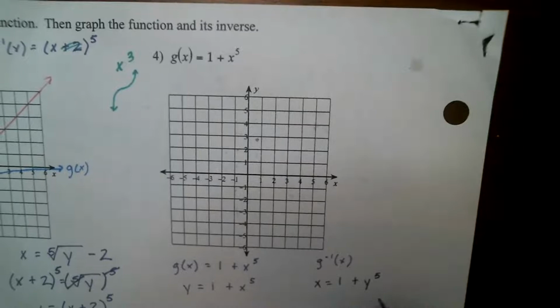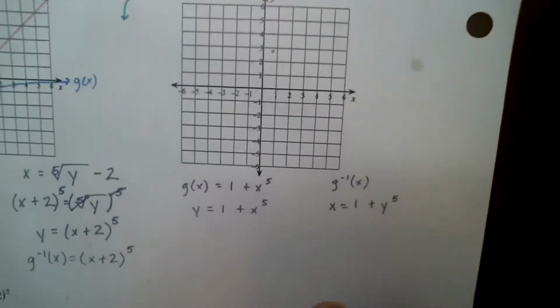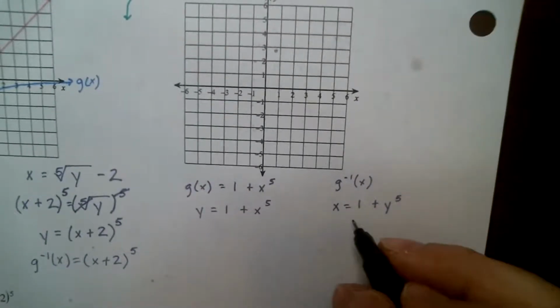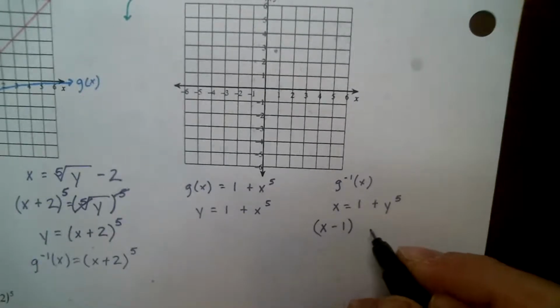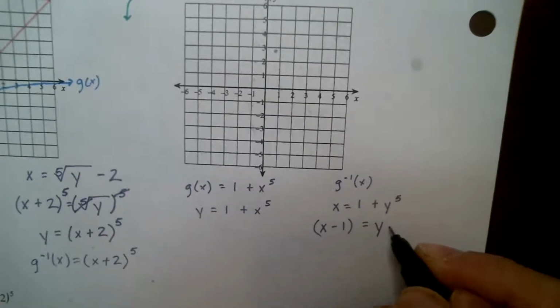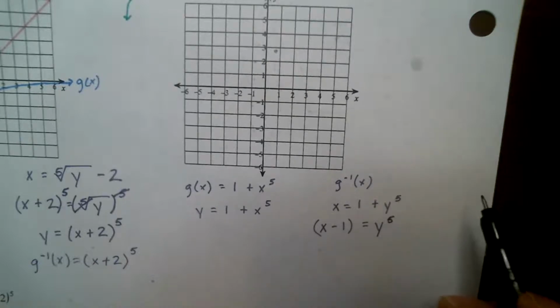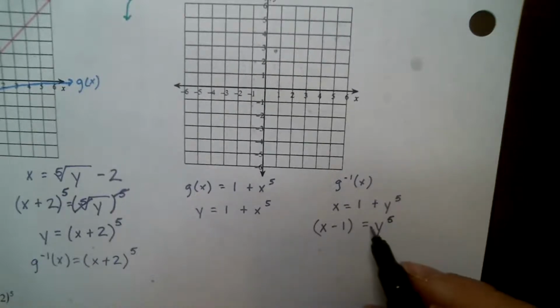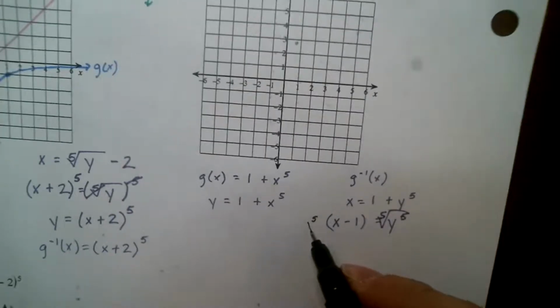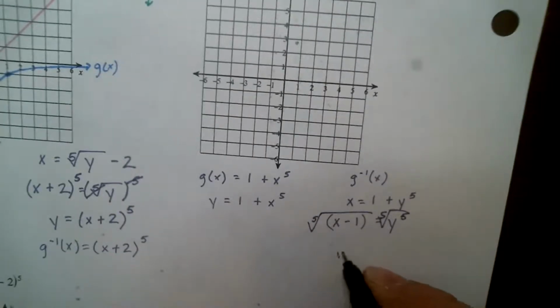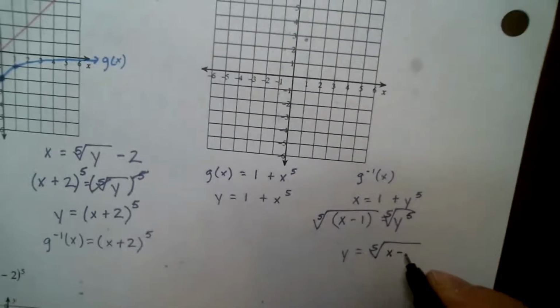Now from here, you want to isolate y. So let's subtract 1 from both sides. I get x minus 1 equal to y to the 5th power. Then I'm going to take the 5th root of both sides. So y is equal to the 5th root of x minus 1.